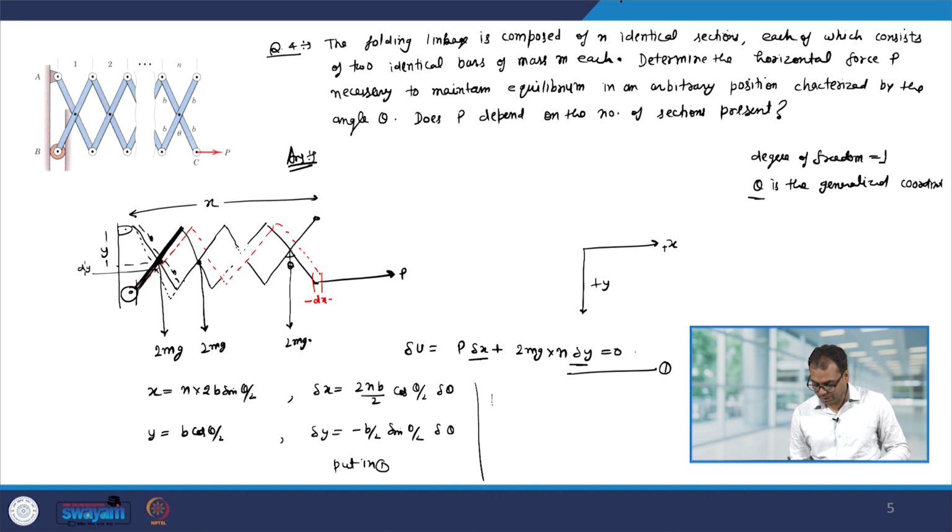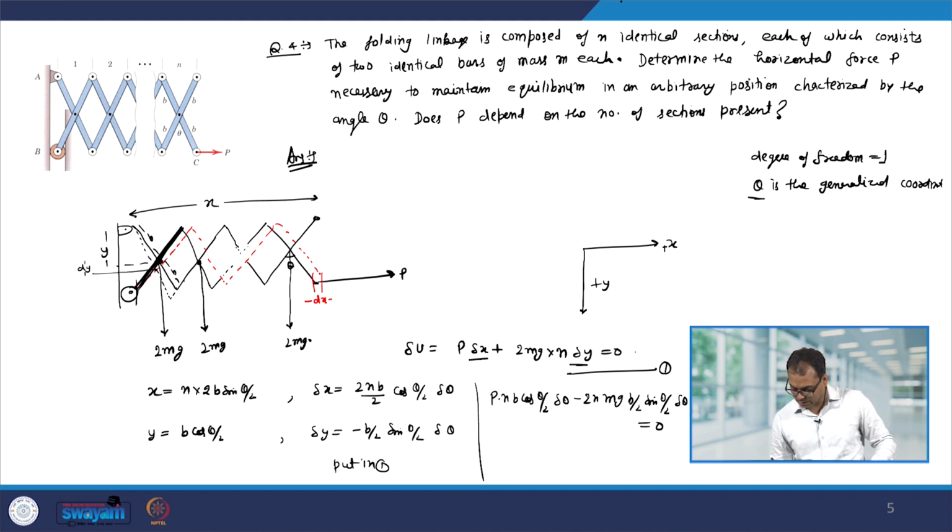So, we get p into n b cos theta by 2 delta theta minus 2 n mg b by 2 sin theta by 2 delta theta equal to 0. So, 2 will get cancelled here, and we get p equal to mg tan theta by 2, and from here you can also see that it is independent of n.